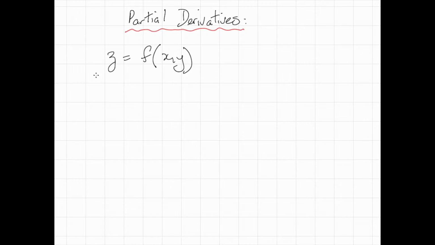To write the partial derivative of f with respect to x, we say partial df dx. So that's what we say when we see that. The word partial means that we've got more than this variable, we've got other variables as well.